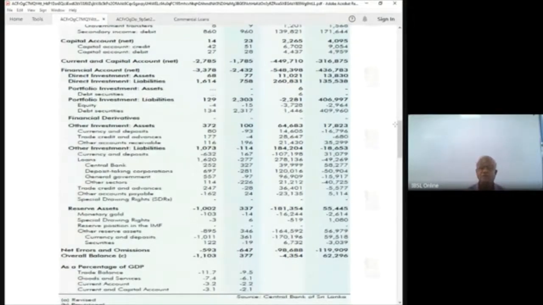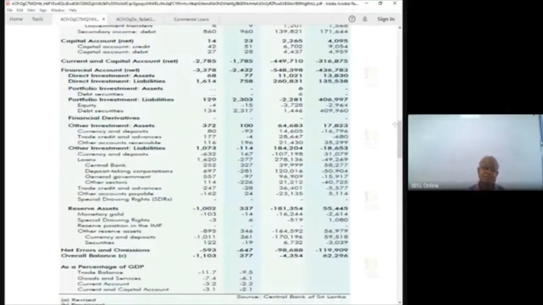Remember again, in the balance of payments account, you have direct investment assets and liabilities. In the current account, we say receipts and payments. Here it is assets and liabilities. Portfolio investment is equity and debt securities. Equity means buying shares.